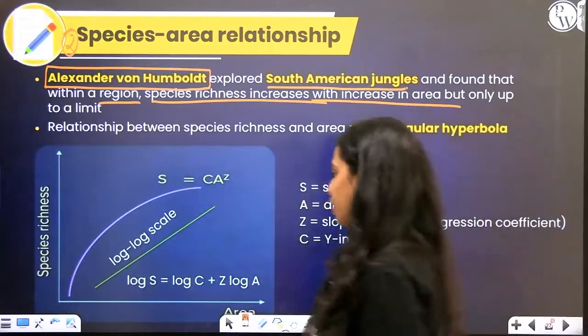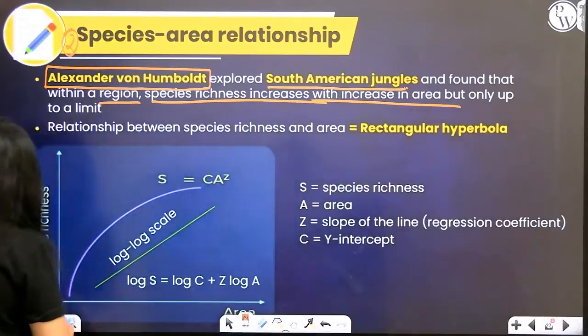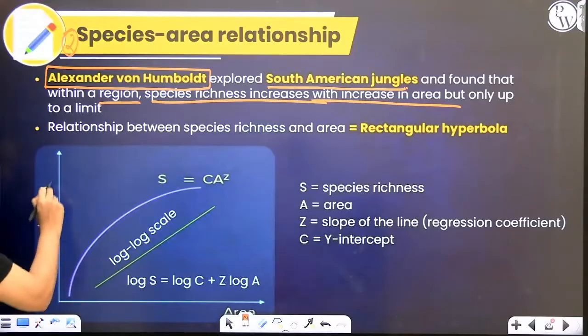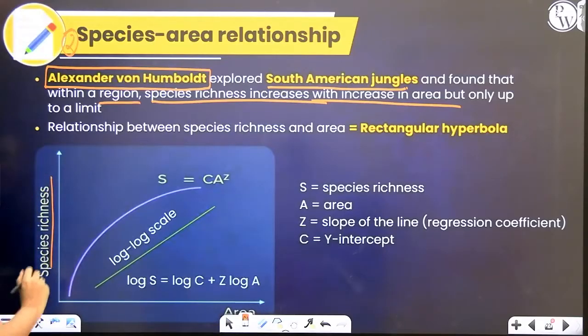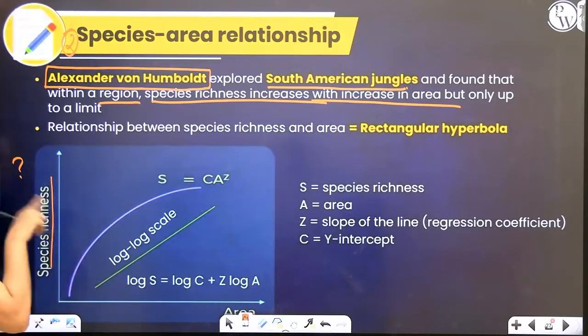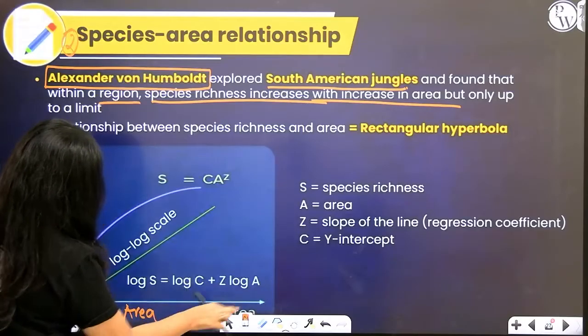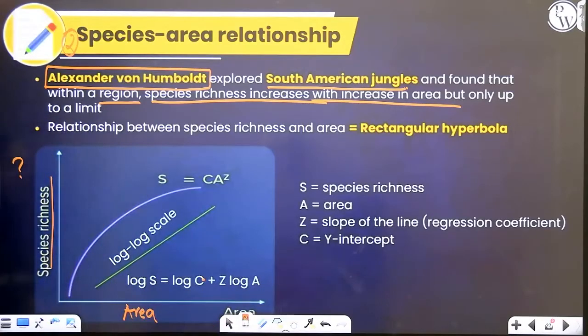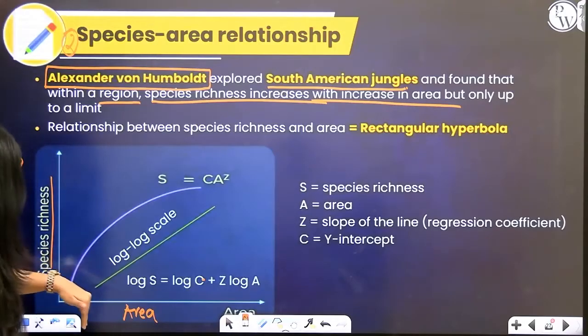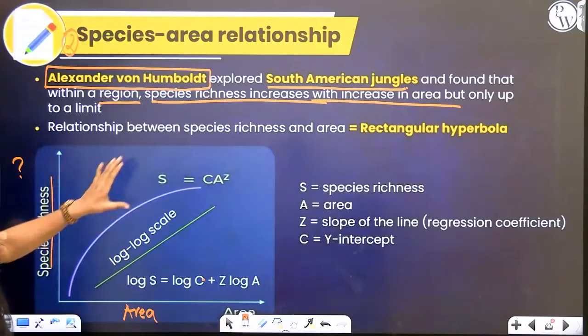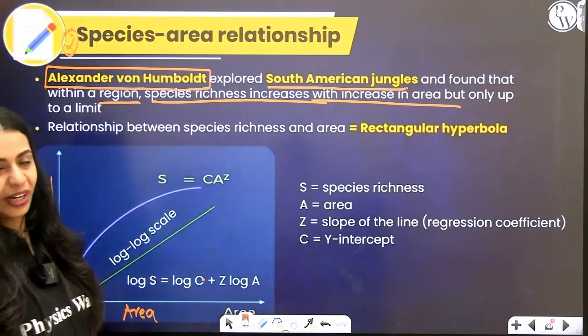Over here, look here. On the y-axis, you have species richness. This basically is an indicator of how many different species are present in that area. And on the x-axis, you have area itself. It's behind this, so you can't see it. On the x-axis, you have area. As you increase the area, the species richness is going to increase up until one point, is what he's trying to say.